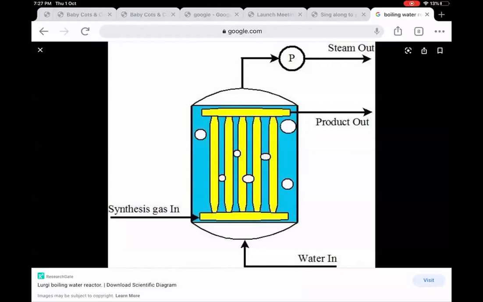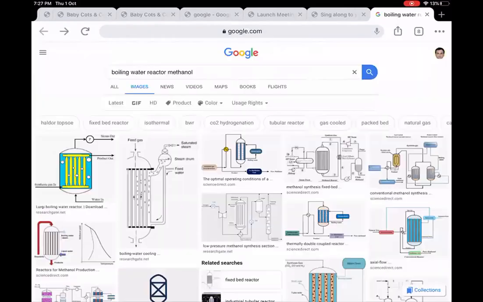You have synthesis gas coming in and the product coming out. Water goes inside the shell and you have steam generation where steam is taken out. Why this type? Because when I'm talking about exothermic reversible reactions, you have to take out heat continuously. That is where we have this kind of reactors.